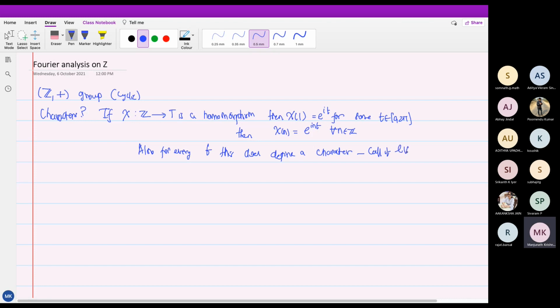Let's call it EV, e to the i t, or just for simplicity, evaluation at t.